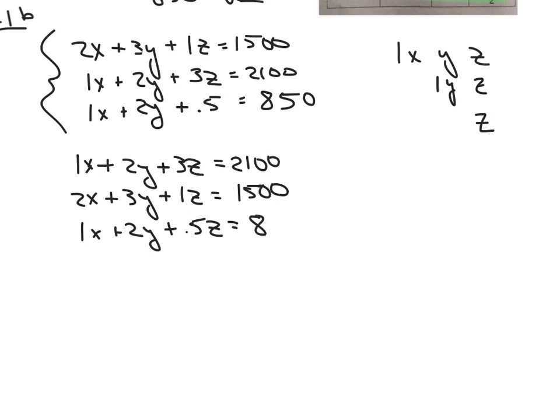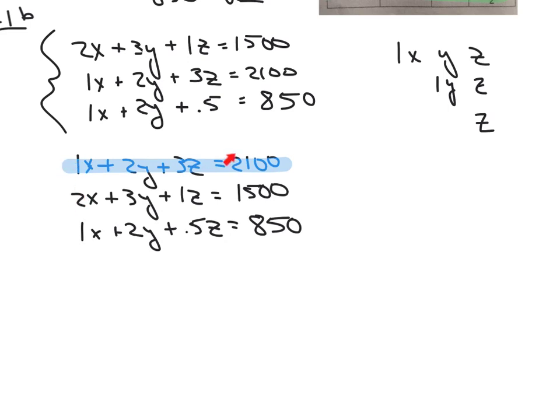Now, you could have left that 0.5 in a fraction if you want. Doesn't really matter, but it just kind of makes it easier. Okay, so we'll go ahead and lock this one because we have our 1 there. Okay, so that's good. But we need to get rid of this here.